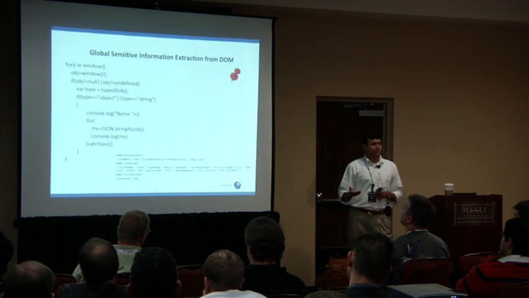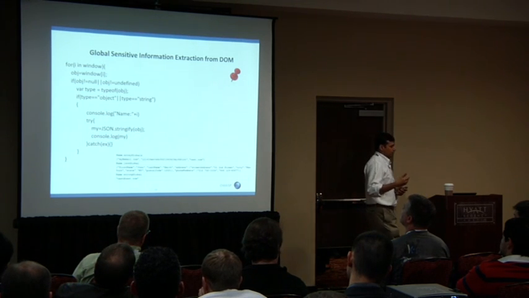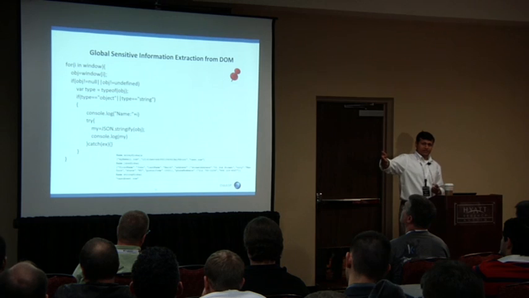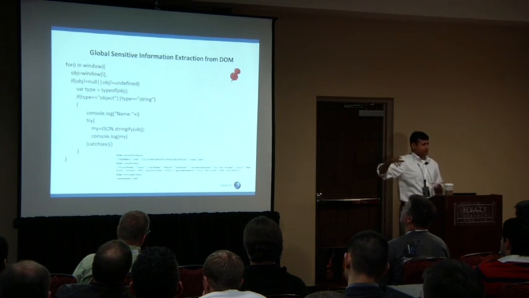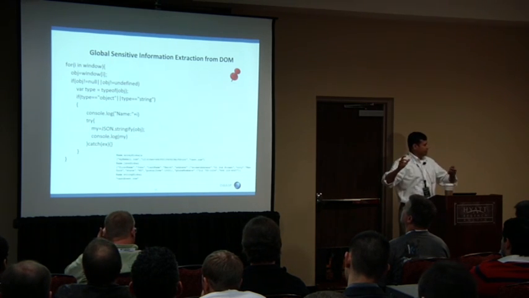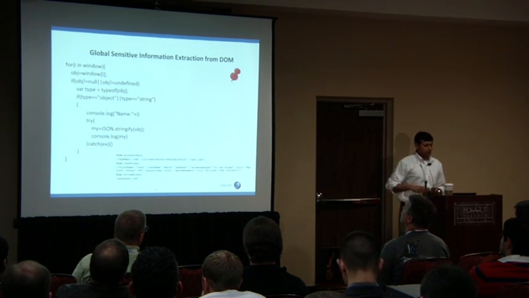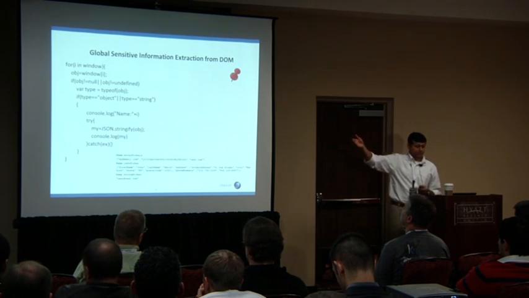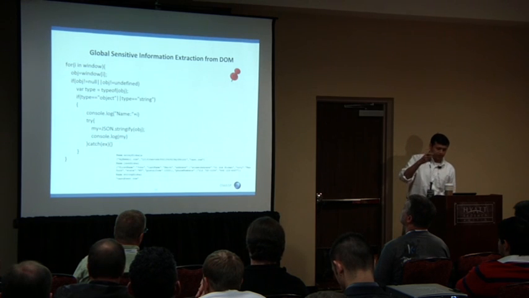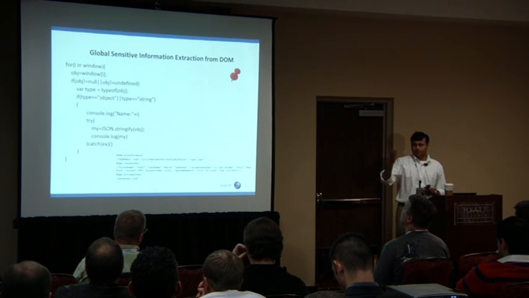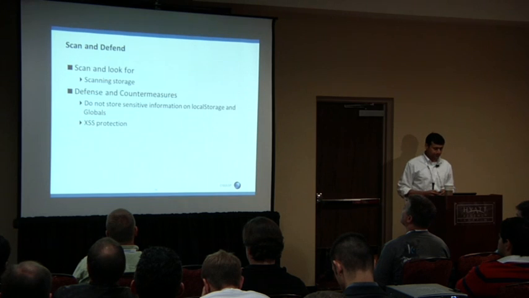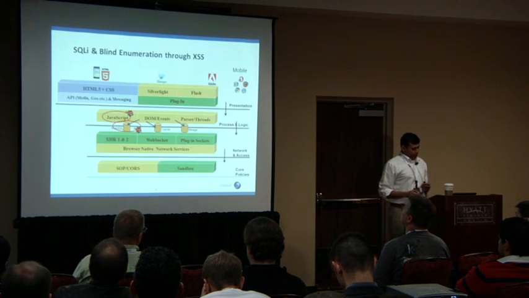These global variables have more information than anything else. In the traditional XSS days, we looked for the cookie all the time. If we get a cookie, that's great. But these variables have very strong information, including about cross domains as well. So if you go out and run this global variable search on your applications, you will see how many global variables are created. So you can scan for this.